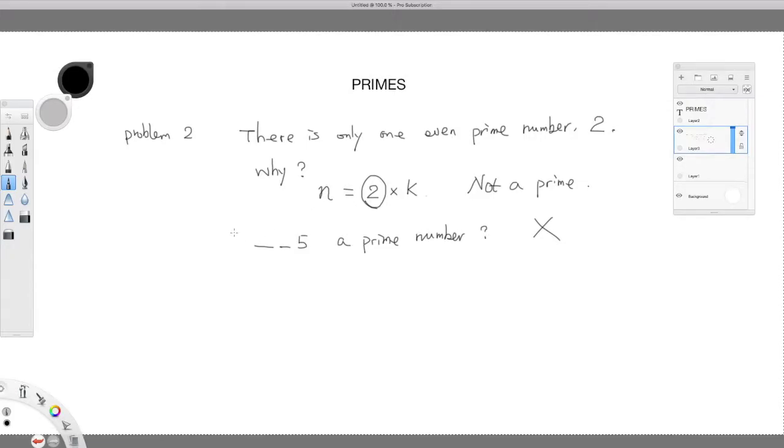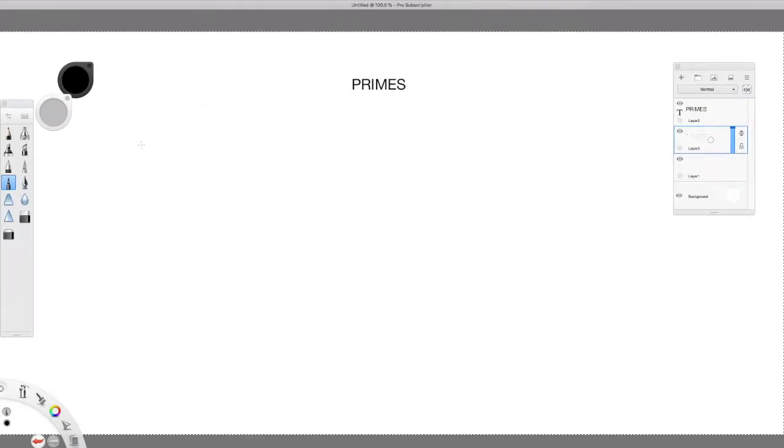Let's look at problem number 3, and that's already a kind of interesting problem. It's non-trivial, but if you know the basic properties of prime numbers, it's actually pretty easy. The sum of three prime numbers is 80.